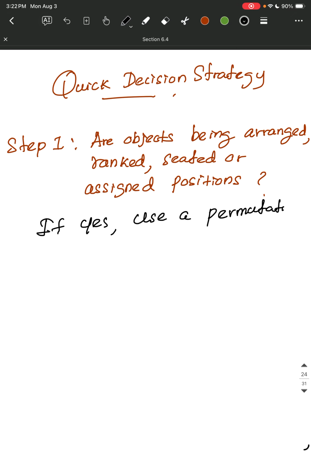Is a group being selected with no special positions? Use combinations.